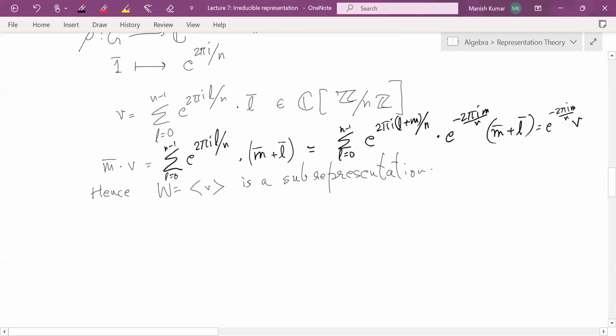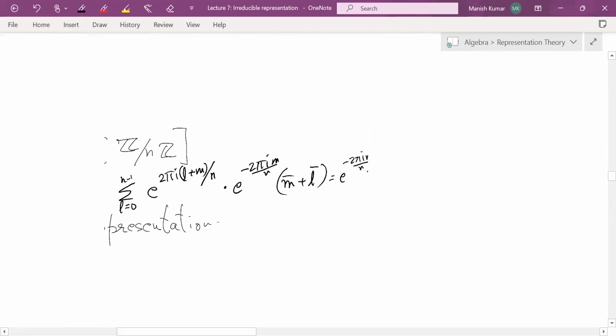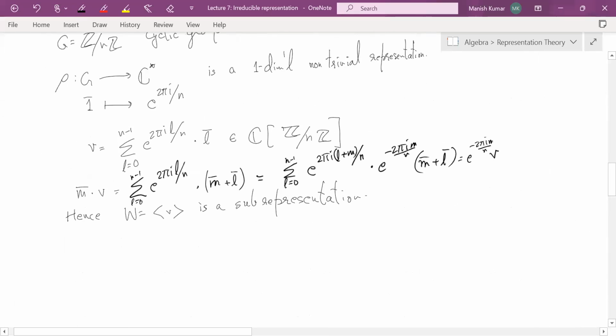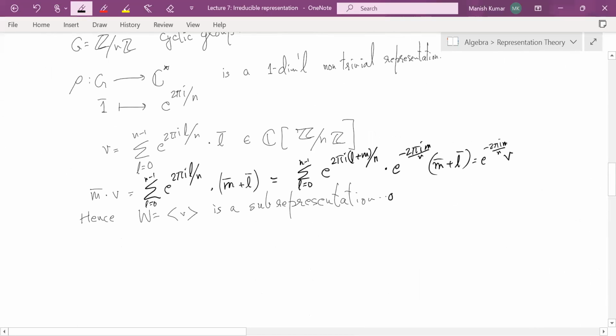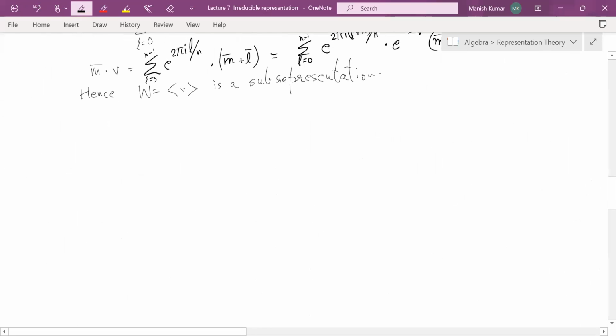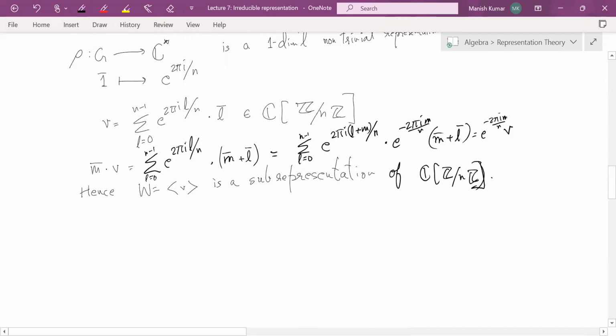W is a sub-representation of C[Z mod nZ], and it's of course one-dimensional.